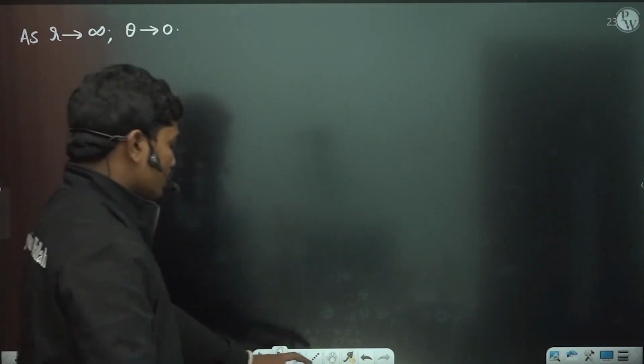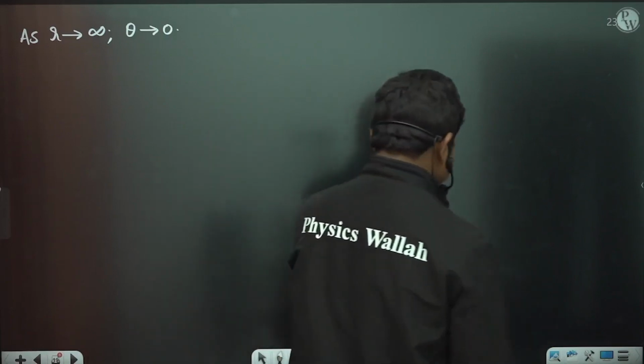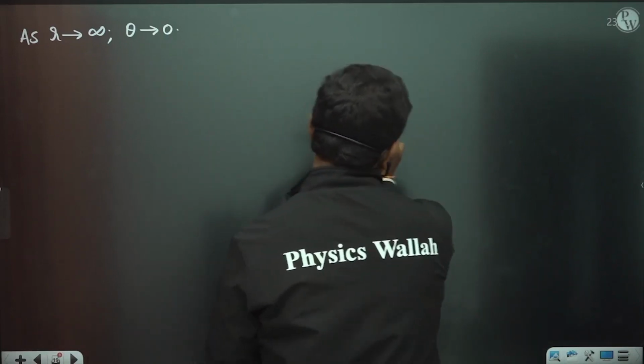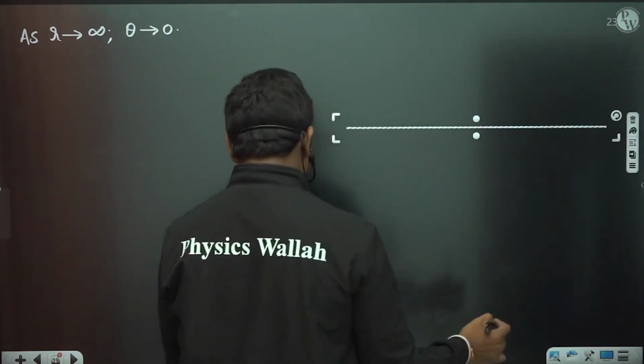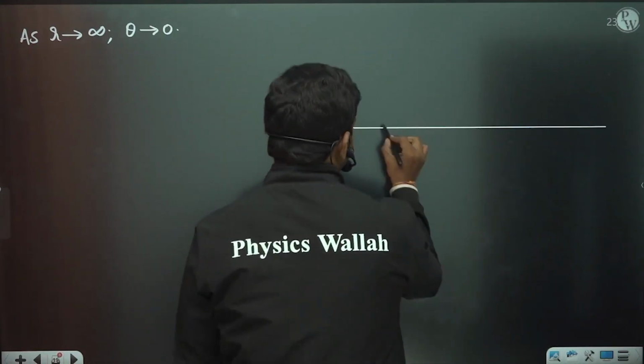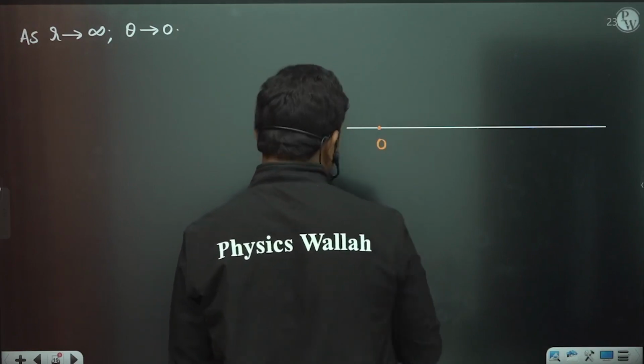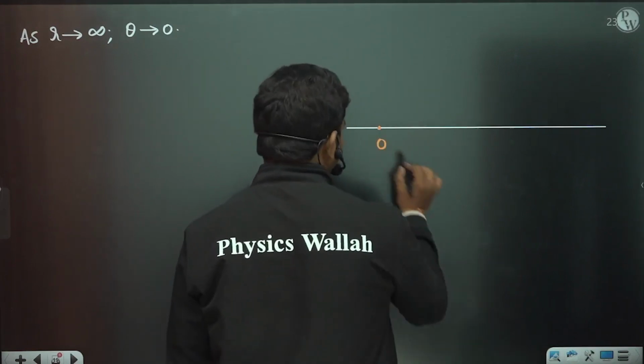Okay, now what I can do here is, look, this is some origin maybe. This is a polar plane, this is the origin. So let us suppose you have a curve something like this.